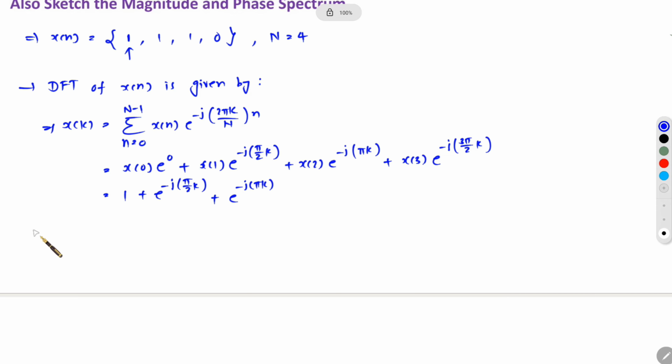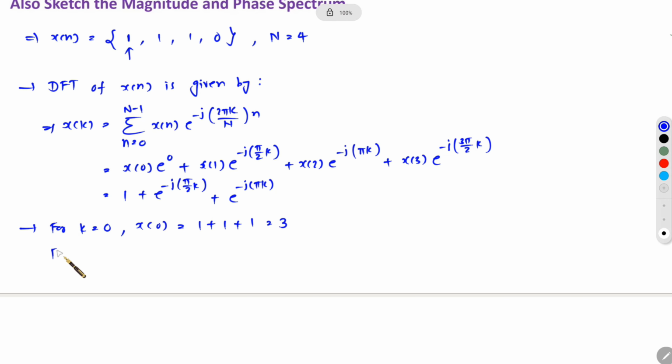Right. So now for k equals 0, let us identify x of 0. If you substitute k equals 0 in this, then we have 1 plus e to the power 0, that is 1, plus e to the power 0, that is 1, which means 3.